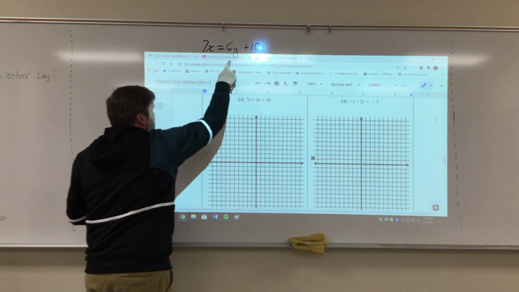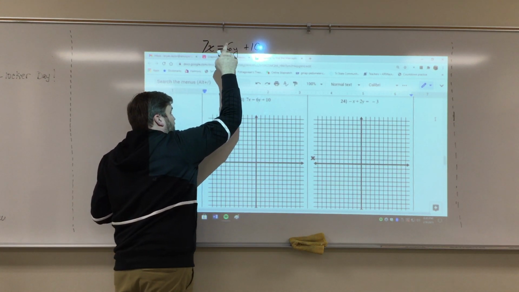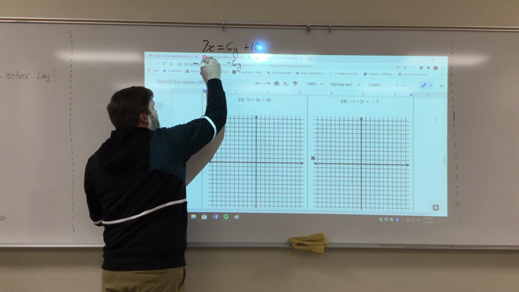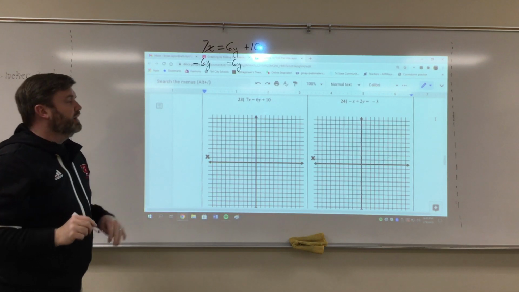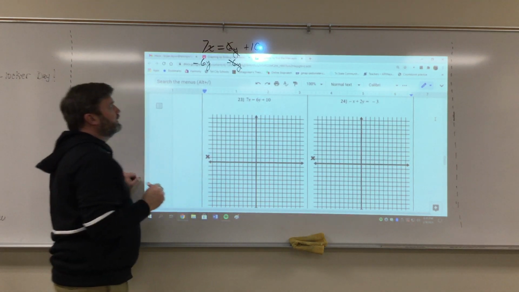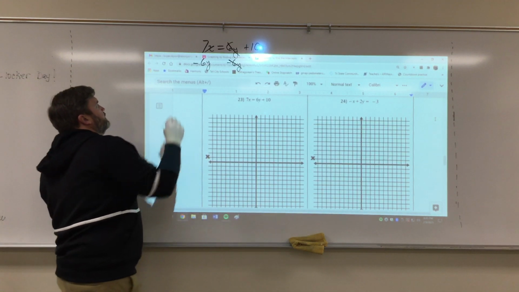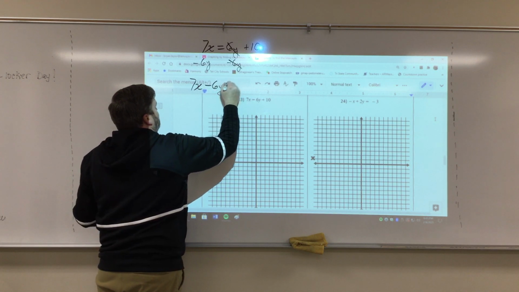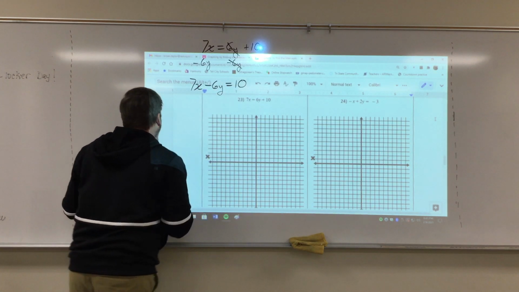So the 6y is the problem this time. To get rid of positive 6y, you subtract 6y, but I have to balance my equation by doing the same thing to both sides. Positive 6 and negative 6 cancel each other out, so then I'll be left with 7x minus 6y is equal to 10.